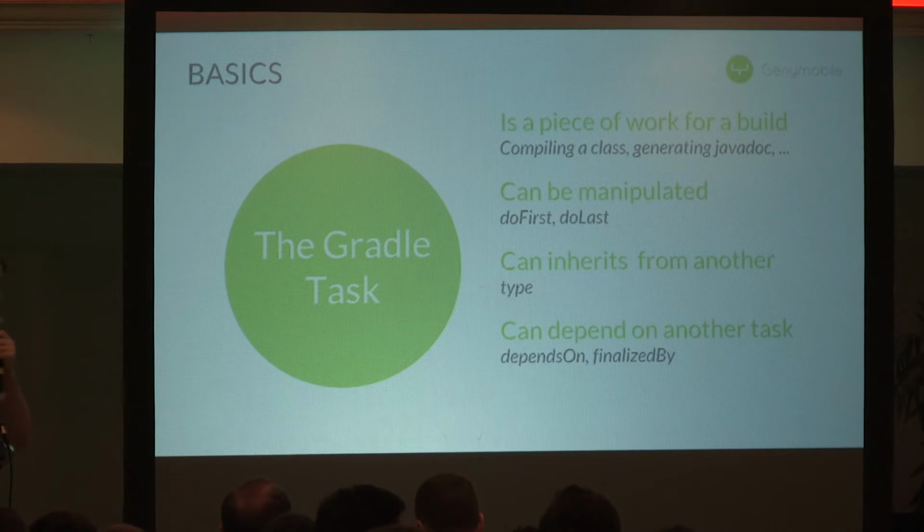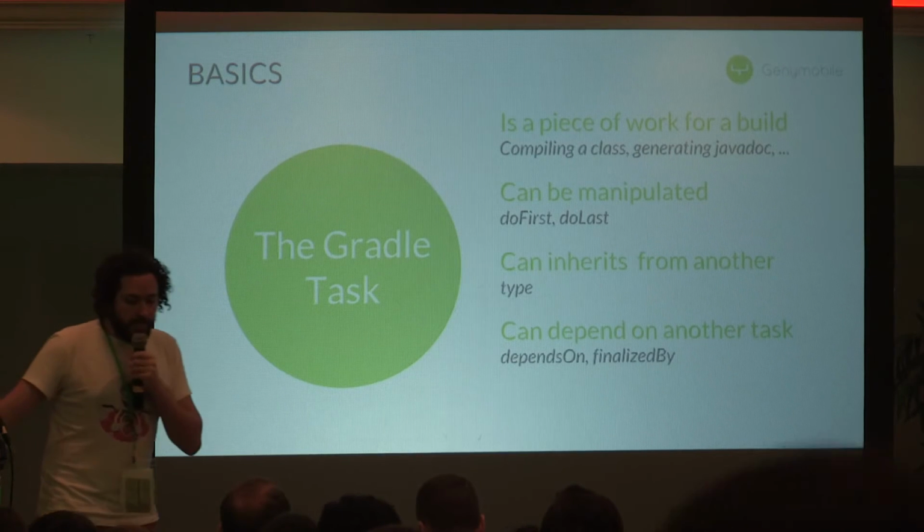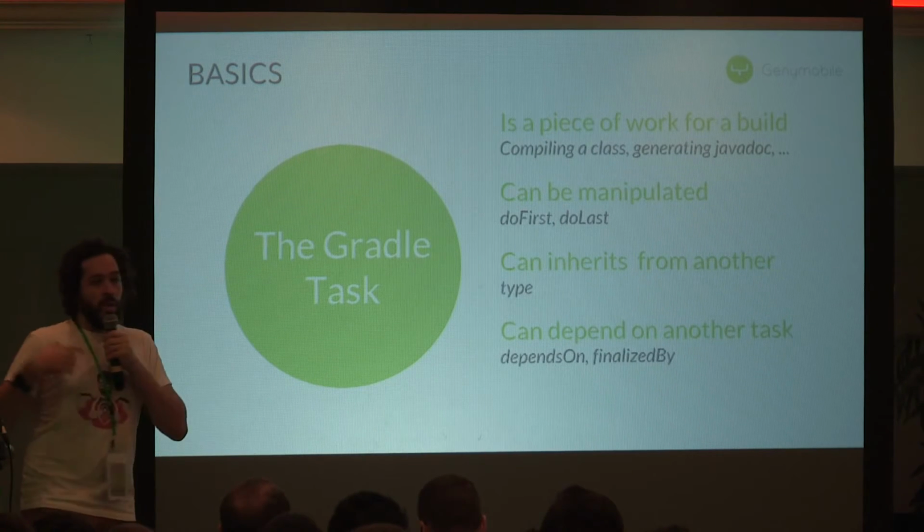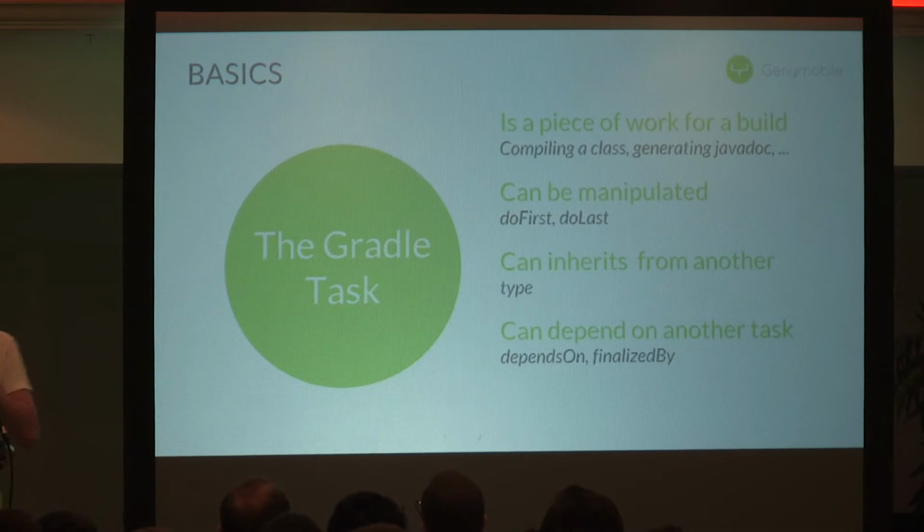And also, and that's an important point, Gradle tasks are linked to each other. When you are launching a task like connectedAndroidTest, it will do a lot of things, and part of them are compiling Java classes, then putting that together to build a full APK, then launching it on devices that are connected, then launching the tests, etc. All of these steps are tasks, and you can use dependsOn and finalizedBy, that's the API, to link all tasks together.